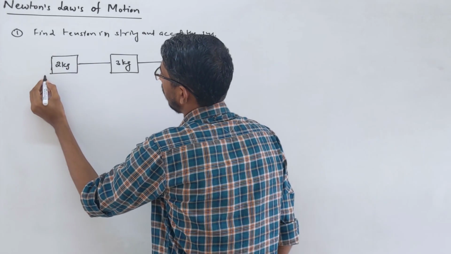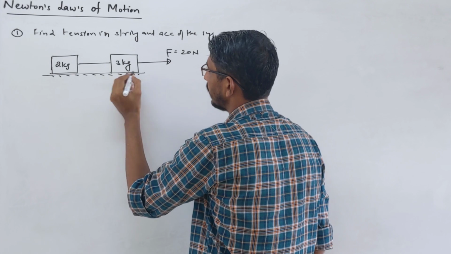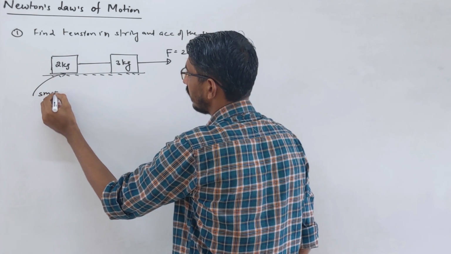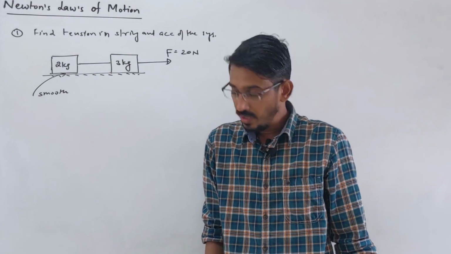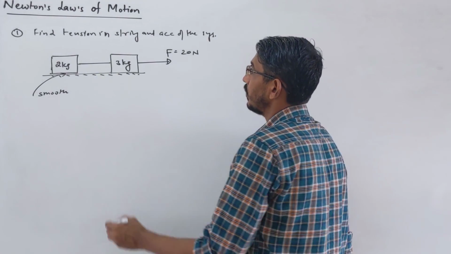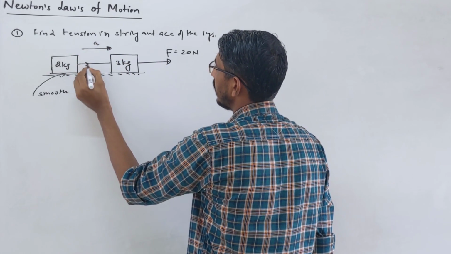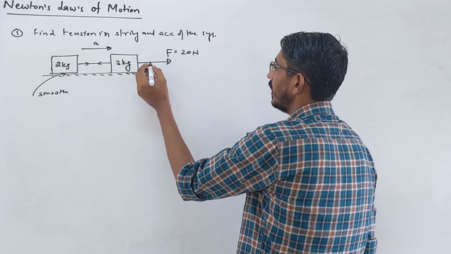They are moving on a smooth surface, no friction here. Friction problems we will talk about when we learn friction. So you have to find two things: the acceleration A of the system and the tension in this string.